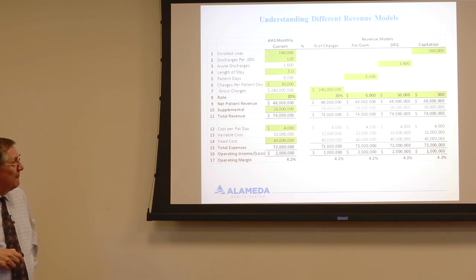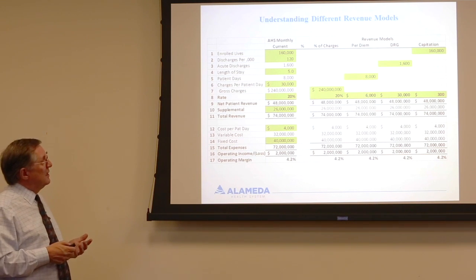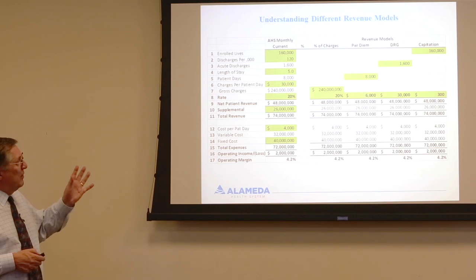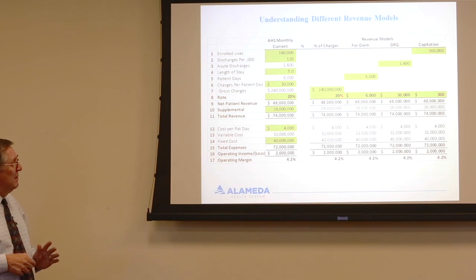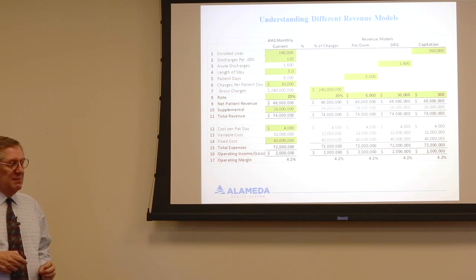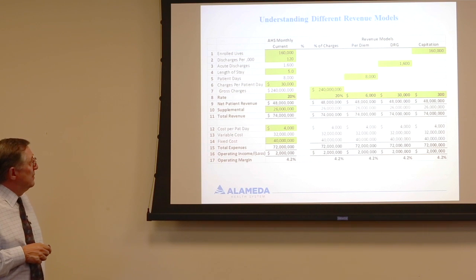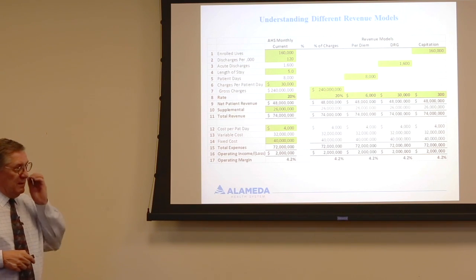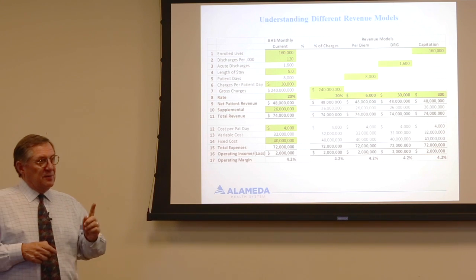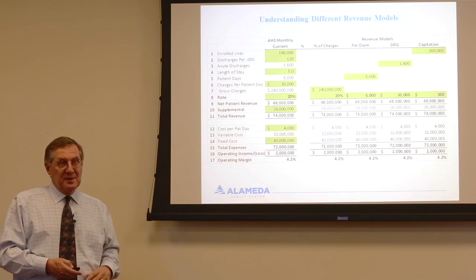That and that. Okay, now let's look at it from a different point of view. So let's say all of our contracts are percentage of charges. Okay, so here's our charges, 240 million. And we have one contract, and the contract says whatever your charges are, we'll pay you 20%.